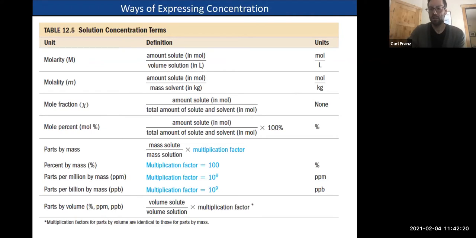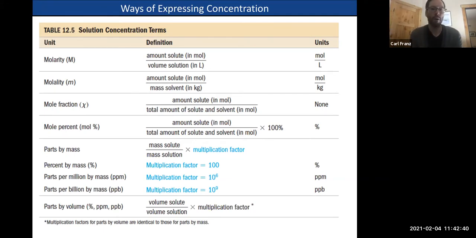And then here's a table that just breaks down these different terms for you, so you can compare them. Molarity, molality, mole fraction, mole percent. That's what we've talked about, right?